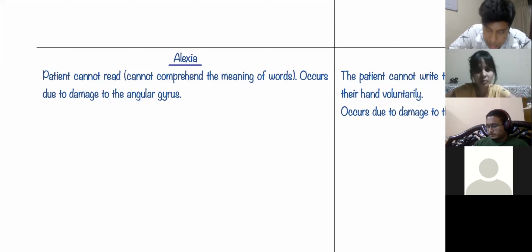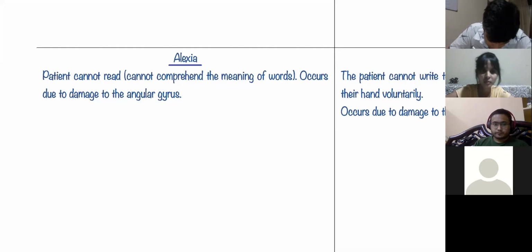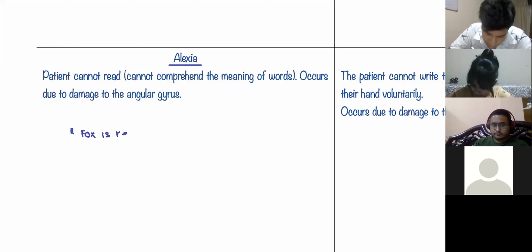So what that means is you give them a sentence, like "fox is red," which they have to read, and you ask them to explain what is said.